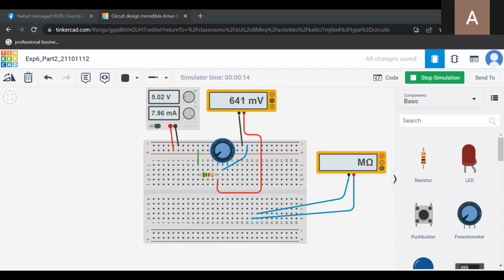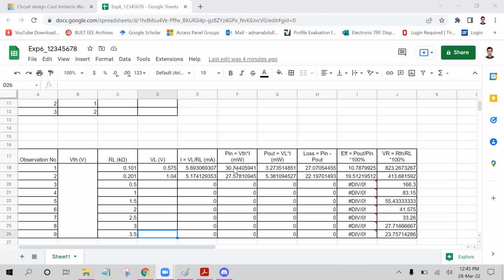আচ্ছা, স্টপ করে দেন, আমি স্ক্রিনটা শেয়ার দেই. Okay, so students, now I am going to show you how to plot the graphs in this Google Sheet. So for that purpose, I am just putting some random values in RL and VL. Okay, so you will complete your task at home.